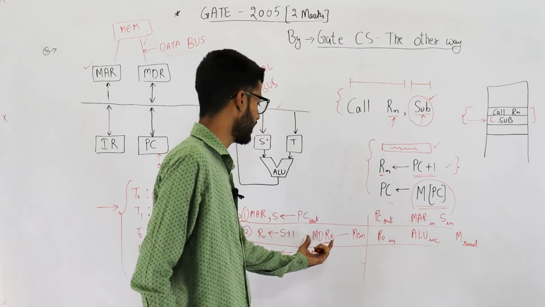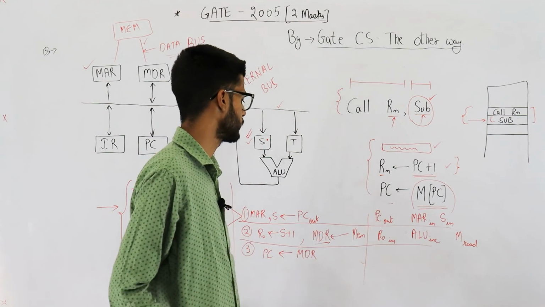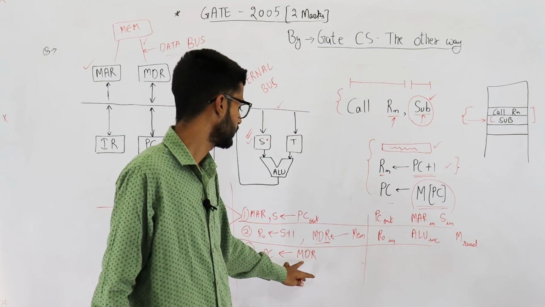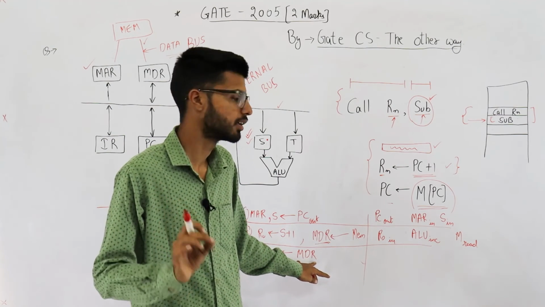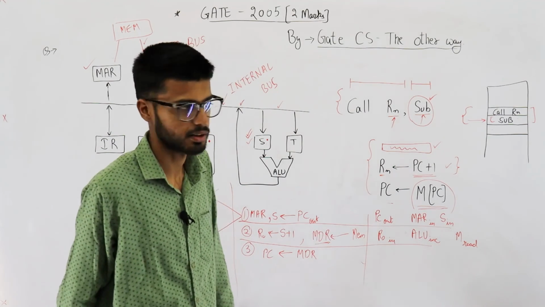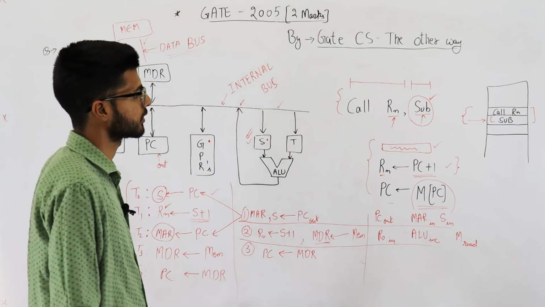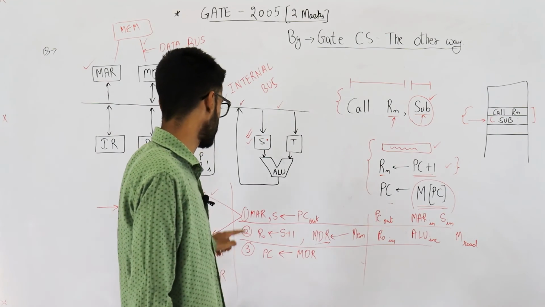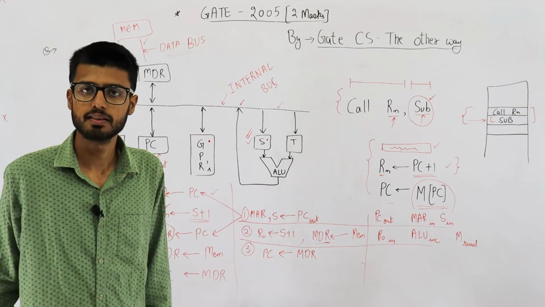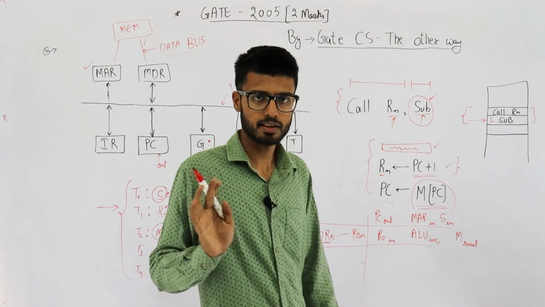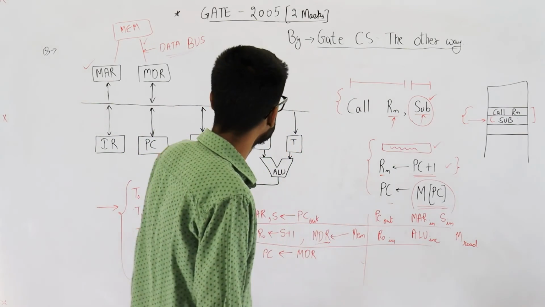MDR is going to load that value, so MDR will get an in signal. Similarly, in the third one, MDR will be given an out signal and PC will get an in signal. So this is the translation into control signals. In total, 3 clock cycles are used here, so the answer to both of these questions is 3, 3. I'll see you in the next video.